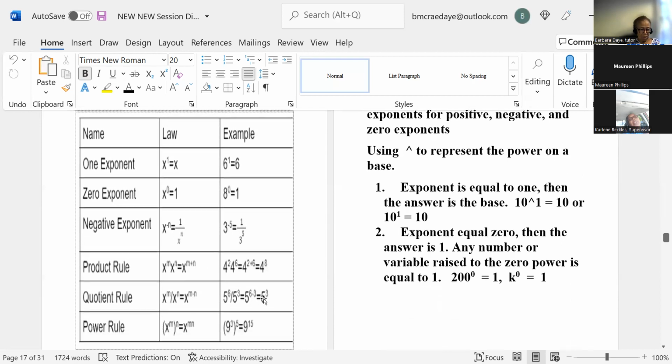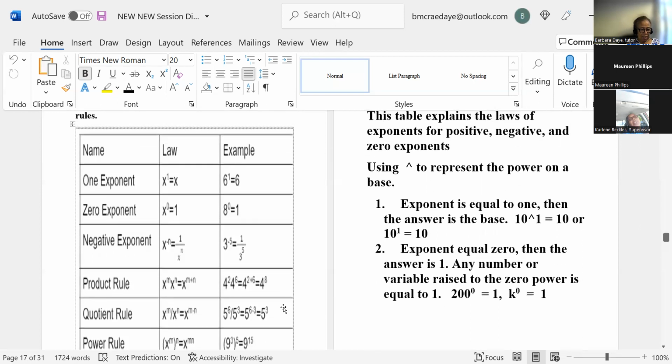Quotient is division. When you divide, you subtract the powers: subtract the power of the denominator from the power of the numerator. And the power rule, where you're taking an exponent and raising it to a power, is a multiplication.